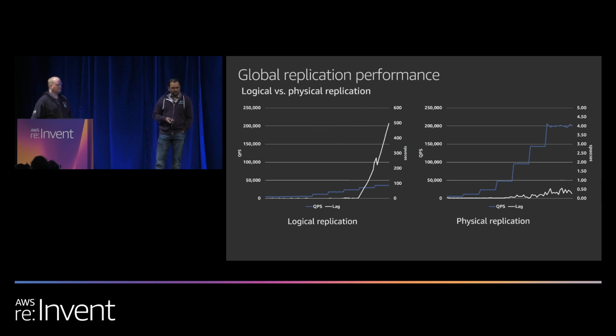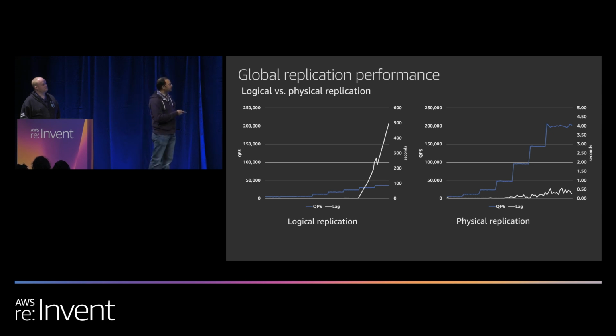Let's look at the performance between logical replication and physical replication. So MySQL has a protocol called the binlog protocol, which is logical. It captures the statements or changes to the rows, and the binlog protocol can pull the data from one region to another, and we have a managed binlog replication for Aurora MySQL.